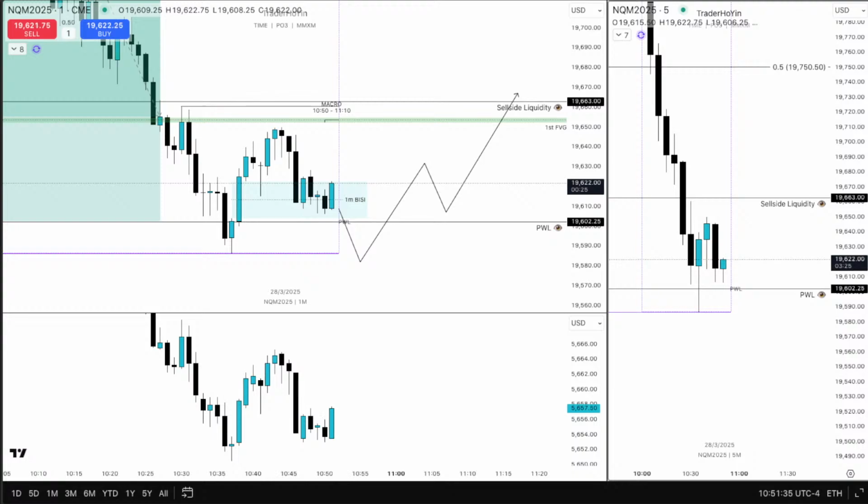10:50 macro. Price just moved back up now.